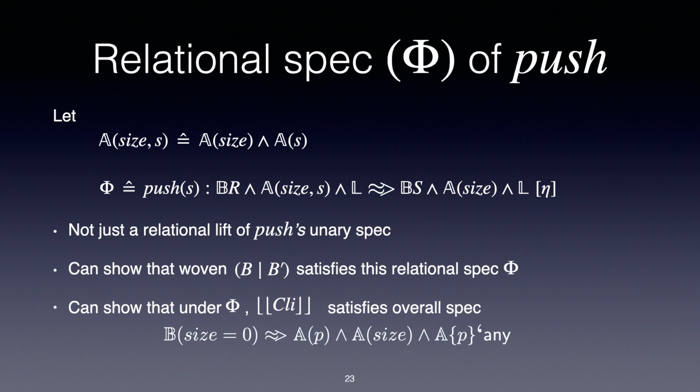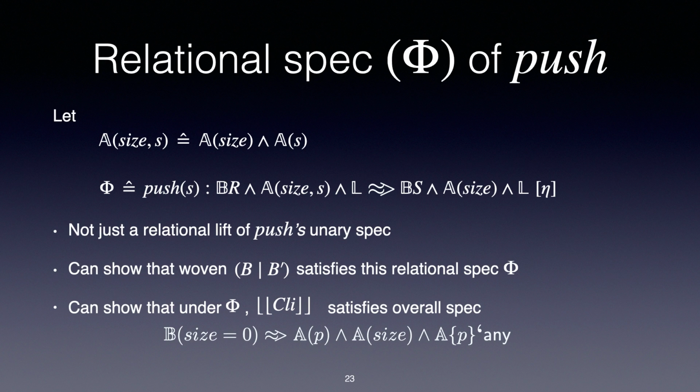But there is something more, namely that L must be preserved. And not only that: L talks about the encapsulated locations, but there has to be agreement outside the encapsulated locations.